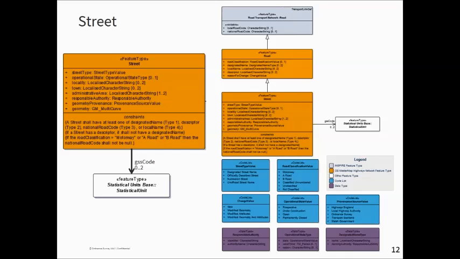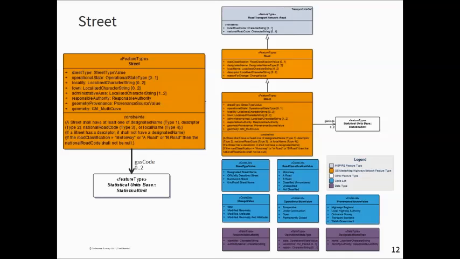You also have the road classification attribute, which provides you the national classification of the road. As you may know, the code list contains motorway, A road, B road, and so on. You can find that in more detail in the technical specification document.